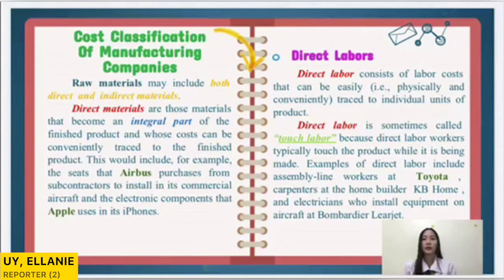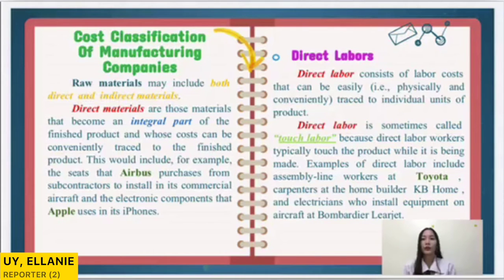Labor costs that cannot be physically traced to particular products, or that can be traced only at great cost and inconvenience, are termed indirect labor. Just like indirect materials, indirect labor is treated as part of manufacturing overhead.